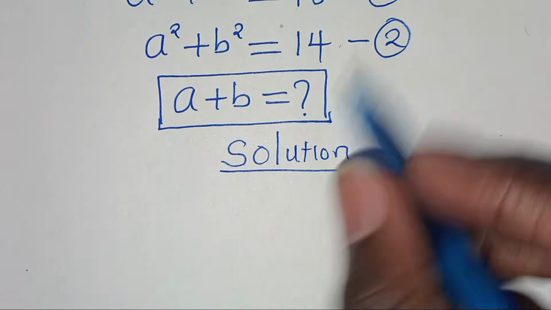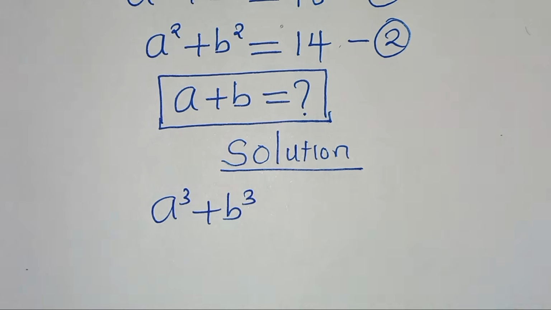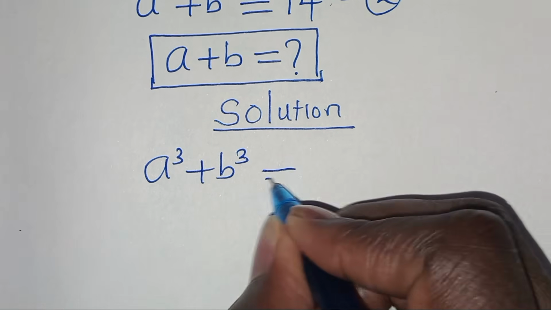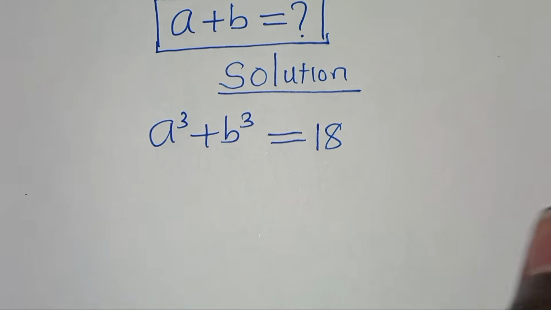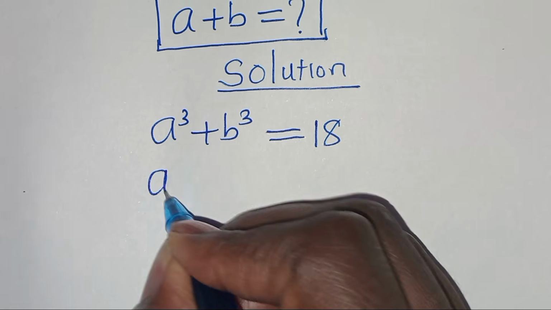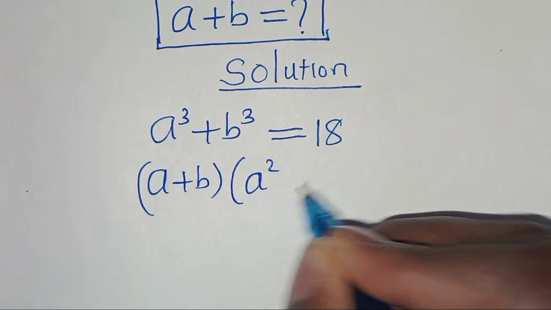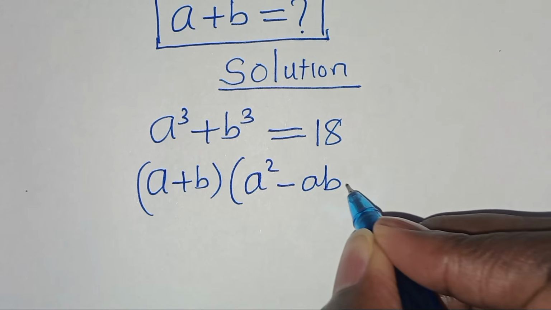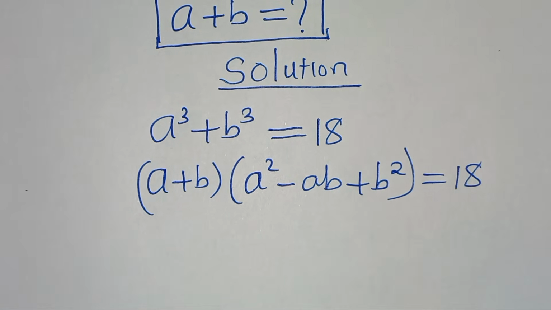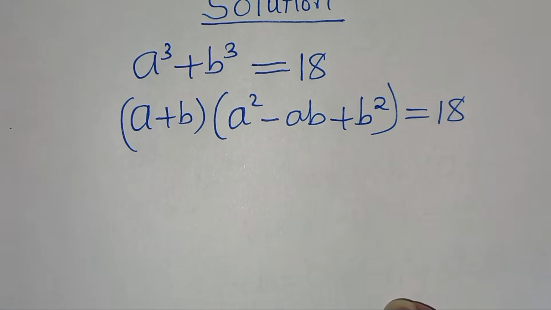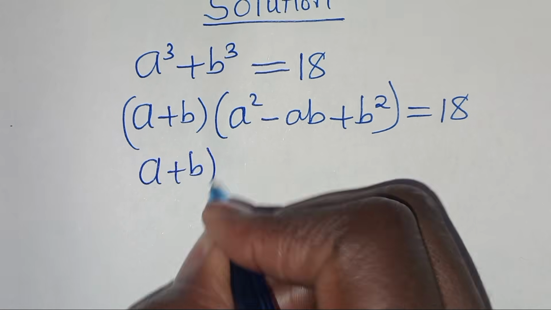From equation 1, which is a to the power of 3 plus b to the power of 3 equal to 18, we have that this is the sum of two cubes that we can express as a plus b multiplied by a squared minus ab plus b squared. This is equal to 18. Now, this is a plus b.